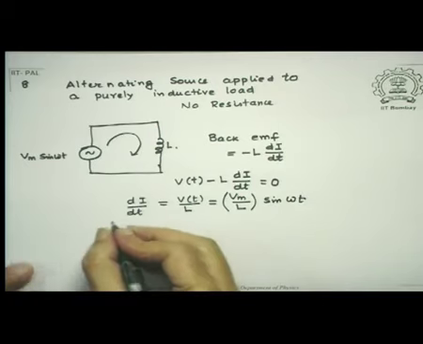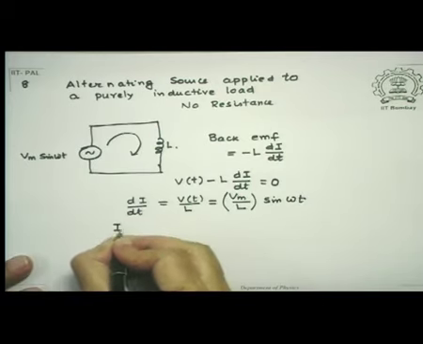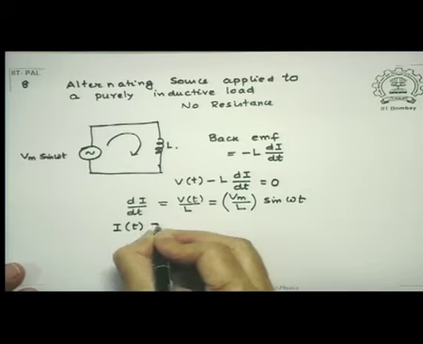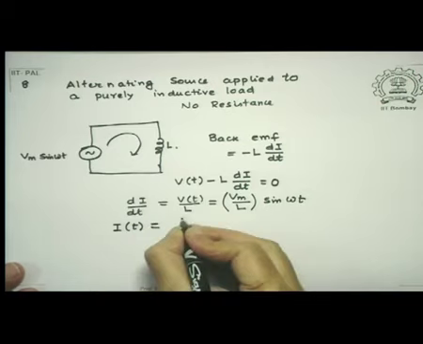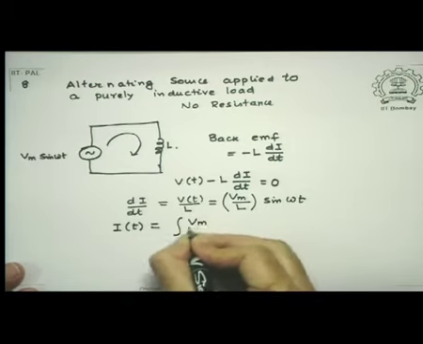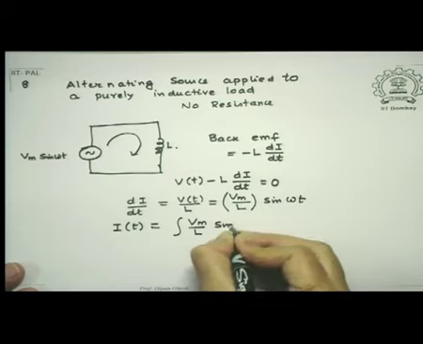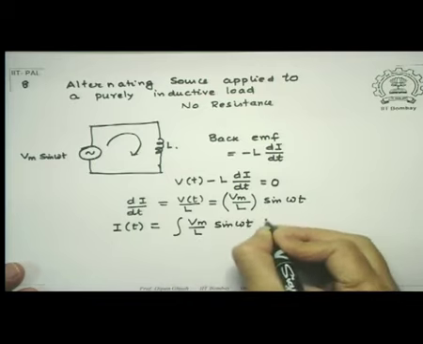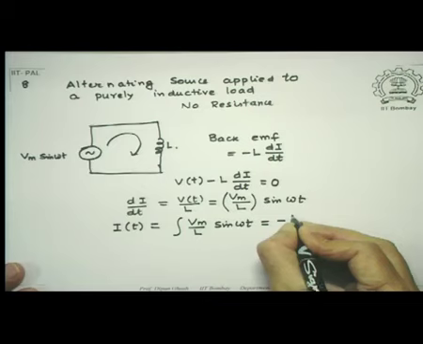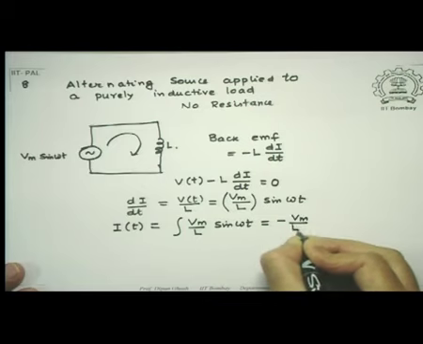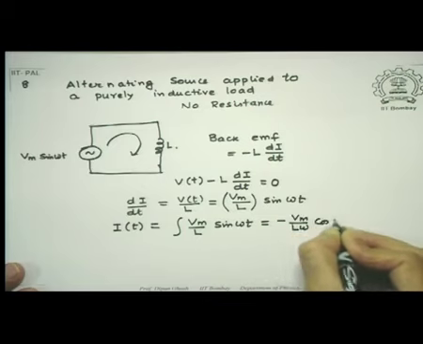If I integrate this now, my I as a function of time will be the integral of Vm over L sin omega t, which is equal to minus Vm over L omega cosine of omega t.